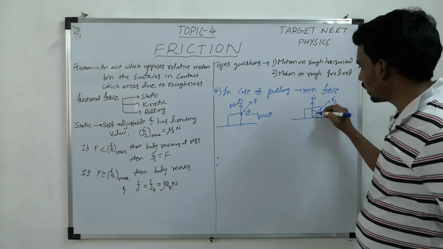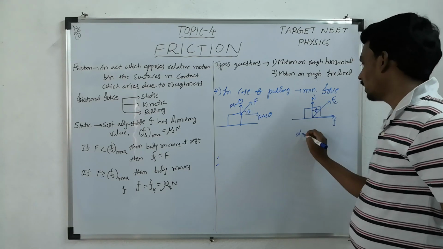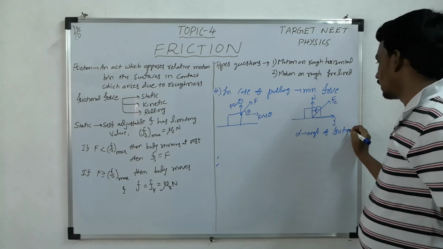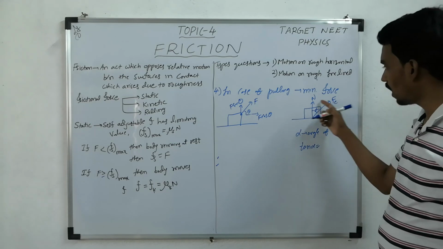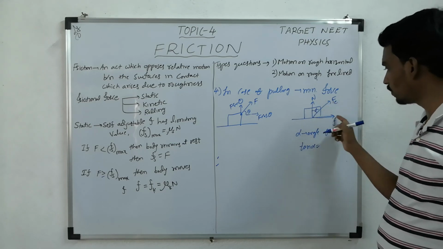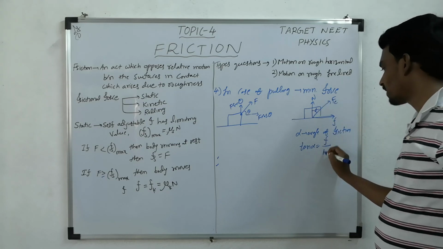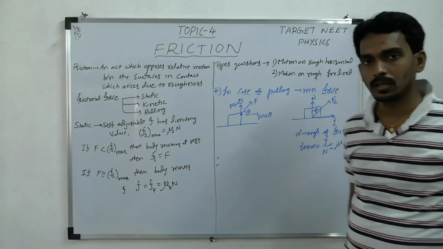The angle made by contact force with normal reaction is called angle of friction. If you take tan alpha, what is tan alpha? Opposite by adjacent. Opposite is friction, F. F by n. F is mu n. So n cancels. So what will come? Mu.